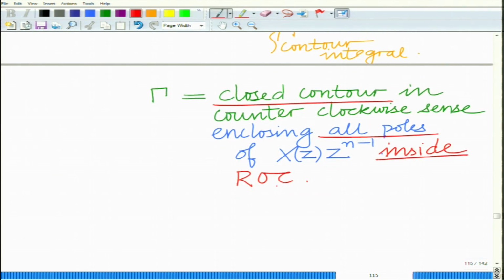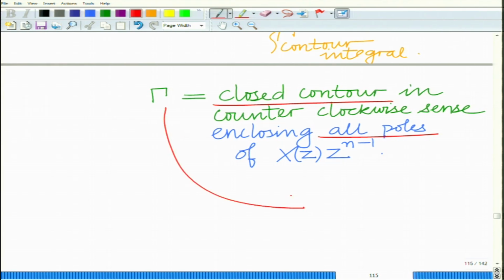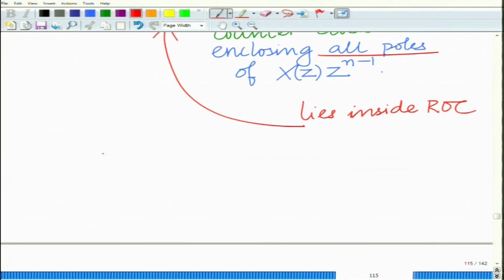So, gamma lies inside the ROC, and it can be shown that this can be simplified as follows.